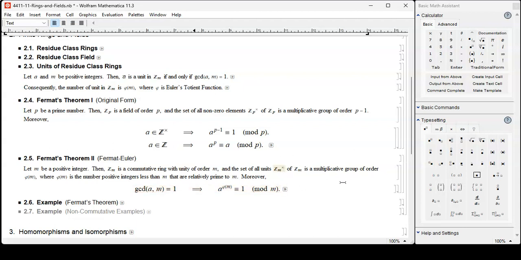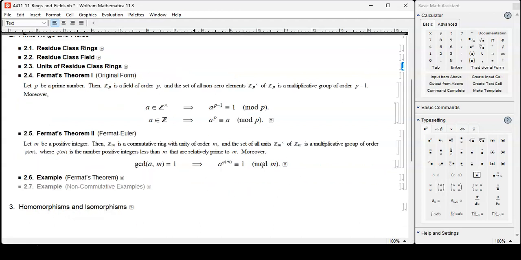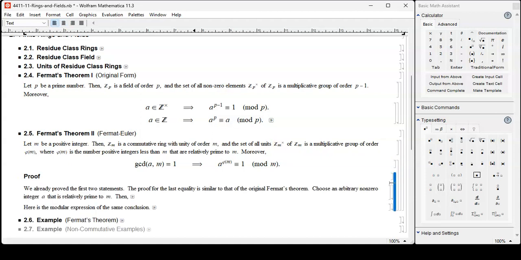This multiplicative group, Zm star, has order phi of m: the number of integers between 0 and m that are relatively prime to m, and those are the units, as we proved in 2.3. And then a to the order of this large, original group has to be equal to 1 by the same logic.